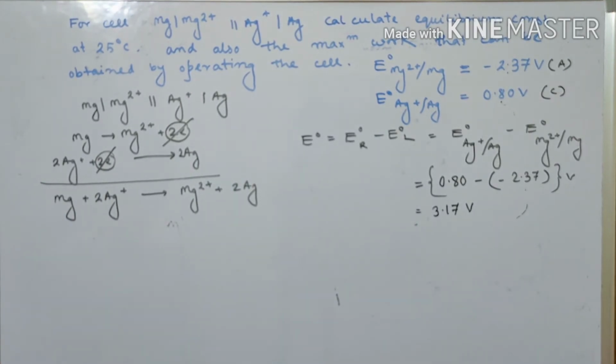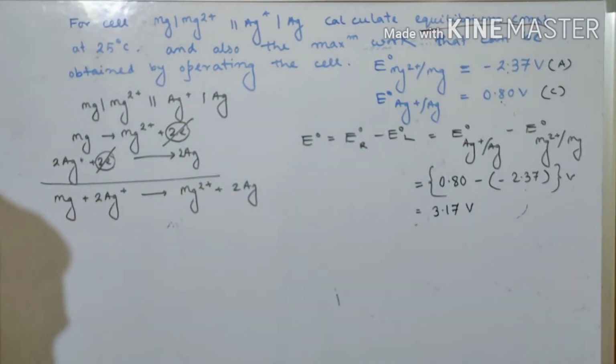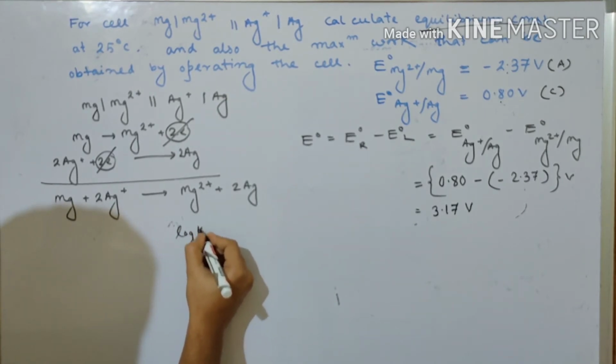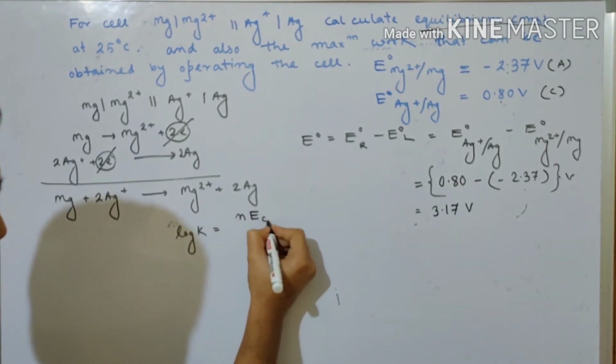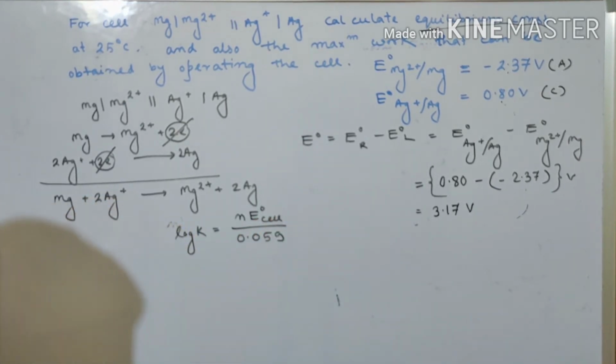Next is to calculate the equilibrium constant, that means K. For that, we already know that ln K is equal to nFE0 by RT. If you formulate it in terms of log, it should be log K equals nE0 by 0.059 at 298 Kelvin.